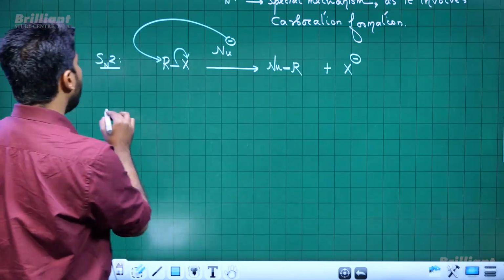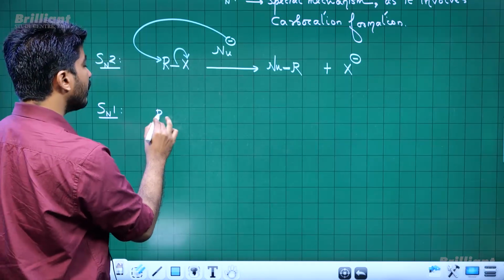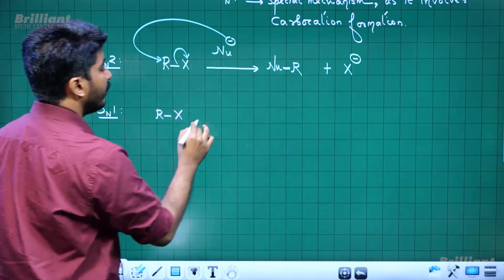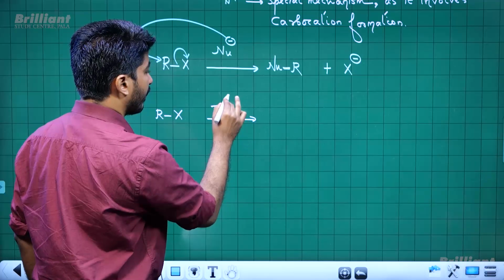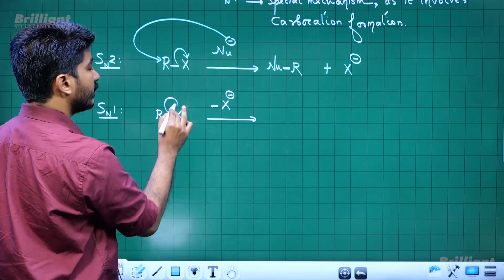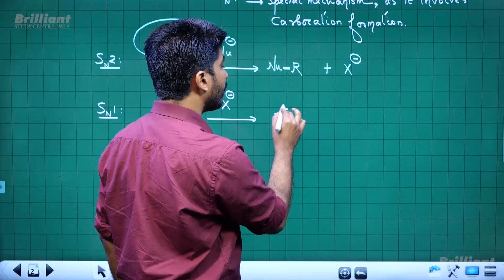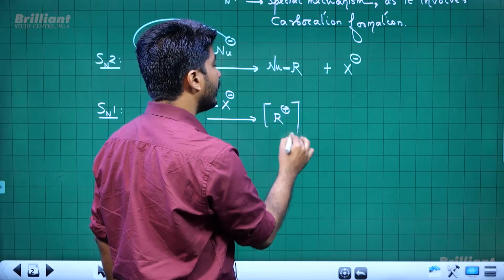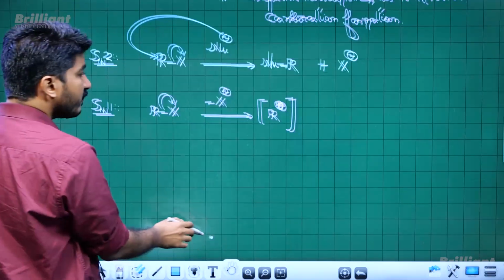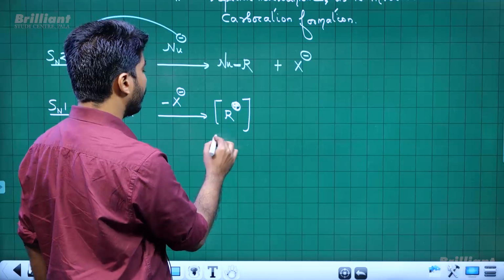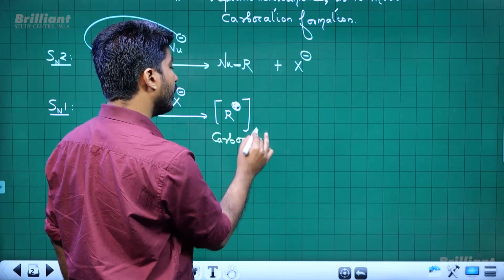And if we look at the SN1 mechanism, then there are multiple steps. First of all, X has to leave. Then only the nucleophile enters. And it forms R plus, which is not very stable. These are reactive intermediates, so such a special species has to form in this reaction: a carbocation intermediate.